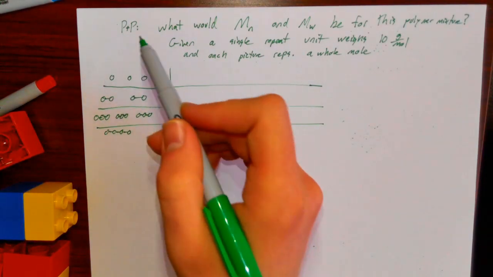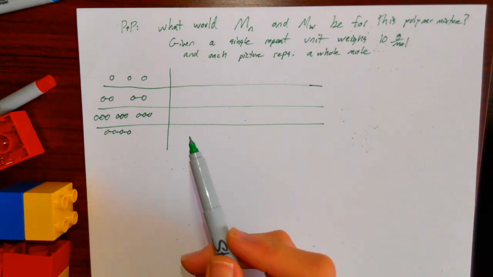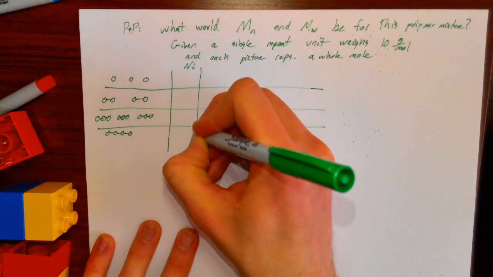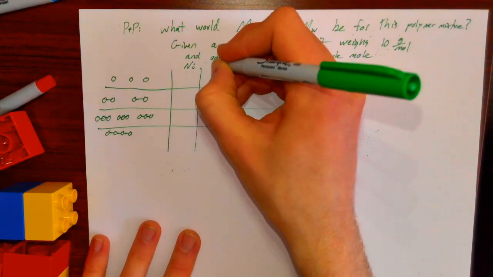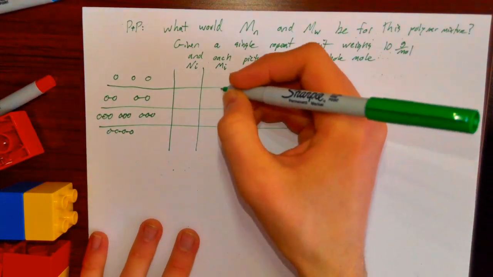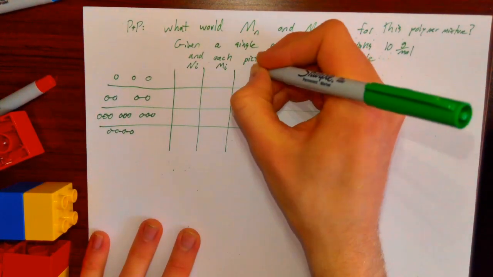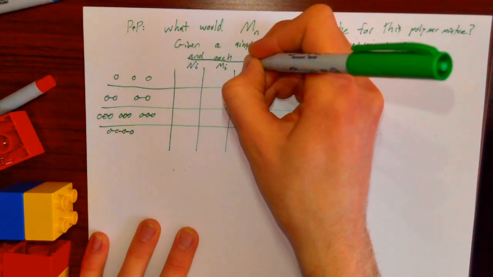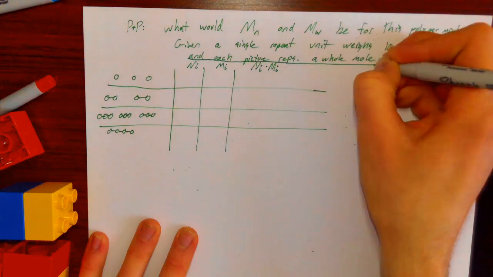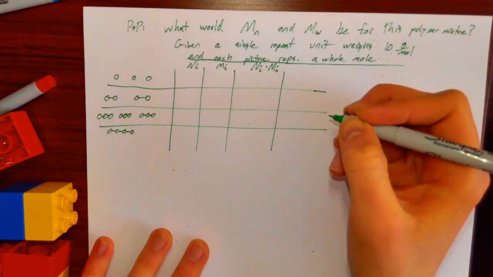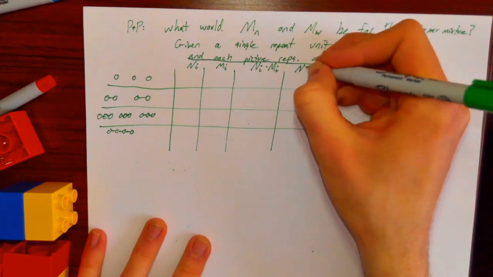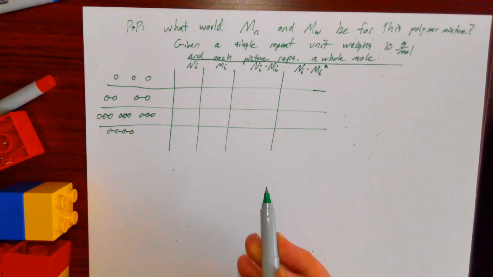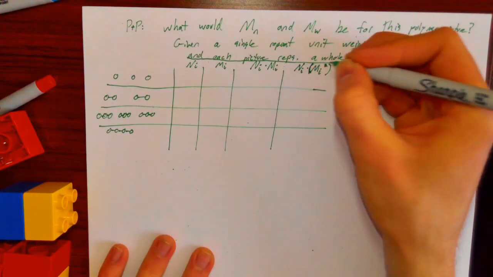But let's break down this pause and ponder a little bit if you're getting stuck, and make columns with N sub i, M sub i, N sub i times M sub i, and M sub i squared, N sub i times M sub i squared, where it's just the M sub i that is squared.